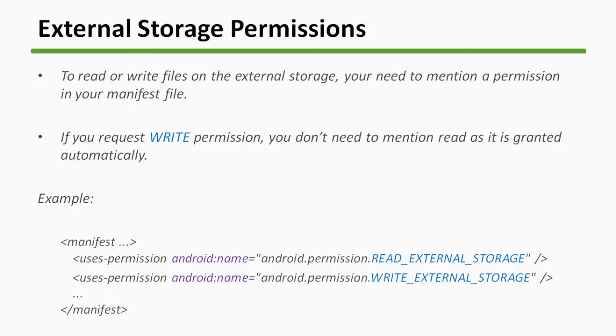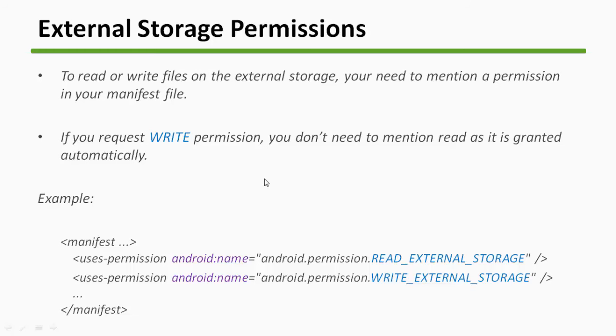So to write files on the external storage, you need to mention a permission in the manifest file, and these are the two permissions: read external storage, write external storage. When you request a write permission, you don't need to mention the read, as it will be granted automatically. So if you want to read and write the data on the external storage, then you only need write permission, and if you want to read the data, then you only need read permission.